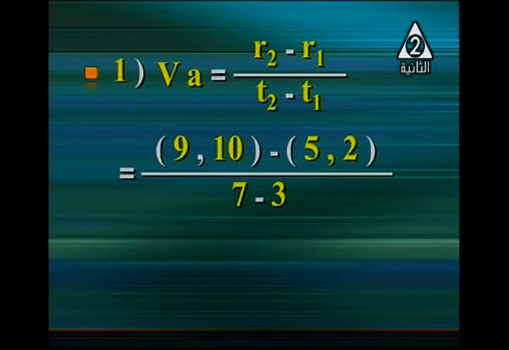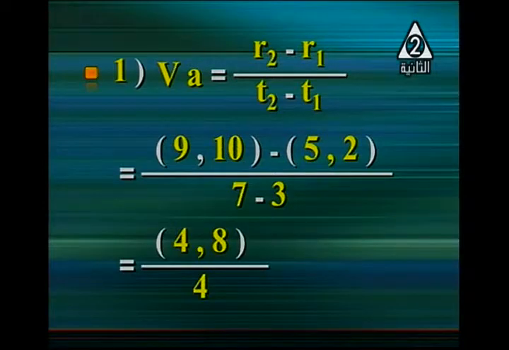T2 equals 7, T1 equals what? 3. By subtraction, the ordered pair (9, 10) minus (5, 2). Answer is (4, 8) over 4. This is 4 over 4 equals 1, 8 over 4 equals 2, 1 in direction i, 2 in direction j.